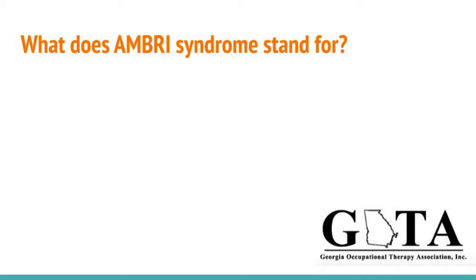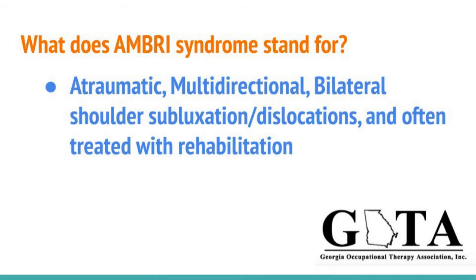What does AMBRI syndrome stand for? AMBRI stands for atraumatic, multidirectional, bilateral shoulder subluxation or dislocations, often treated with rehabilitation.